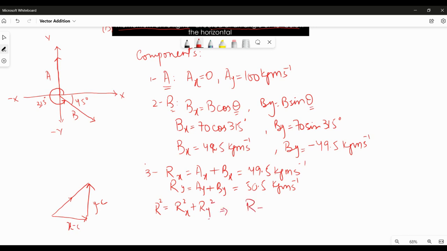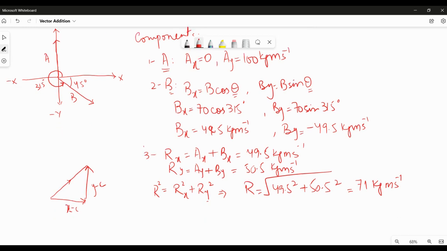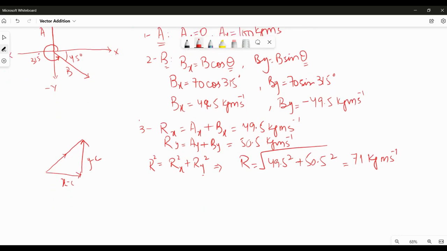So my magnitude becomes equal to the square root of 49.5 squared plus 50.5 squared, and the final answer will be equal to 71. I'm just rounding it off to two significant figures, 71 kilogram meter per second. That becomes the magnitude of my resultant vector.